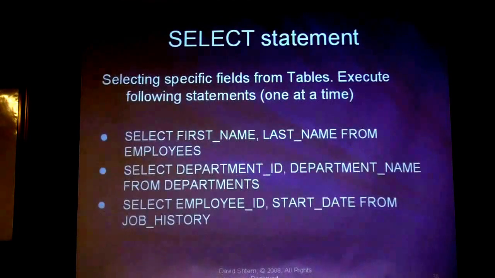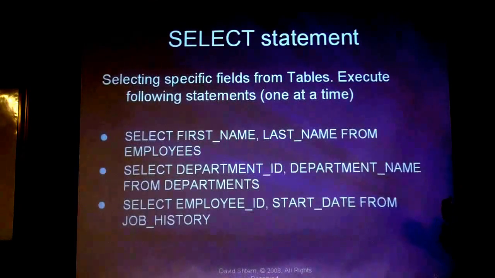In this particular case, we selected specific fields. We retrieved only first name and last name. We didn't retrieve salary, manager ID, commission percentage, start date, whatever. First name and last name are fields in this table.